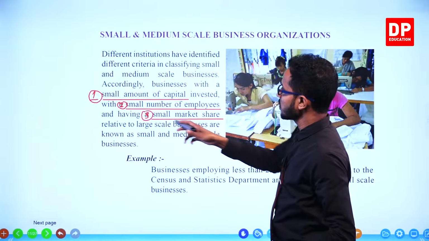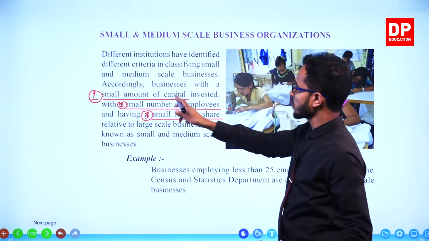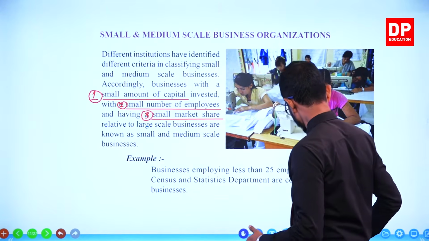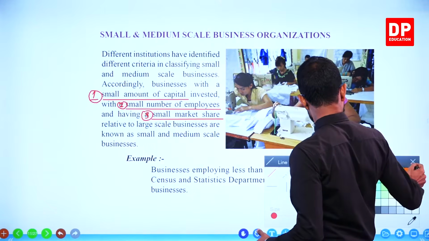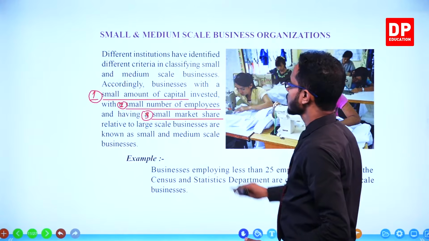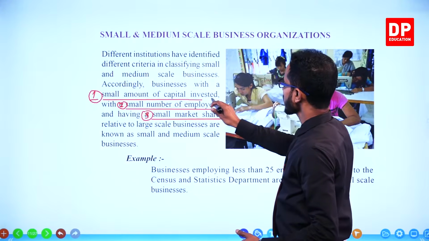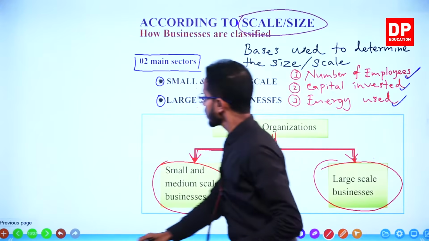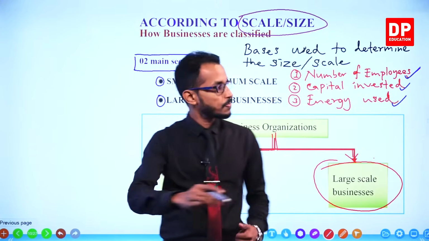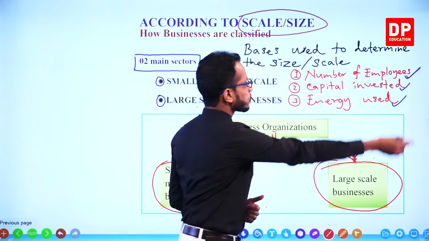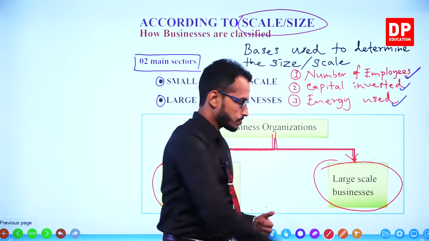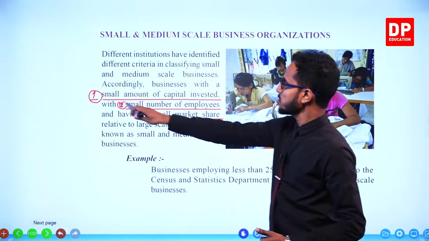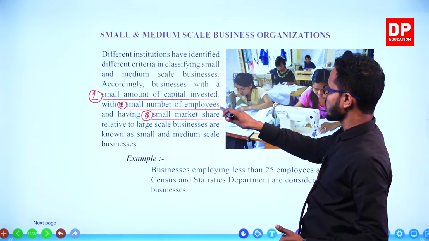Small amount of capital invested, that one we took. Capital invested, see, it's here. Then number of employees, small number of employees.